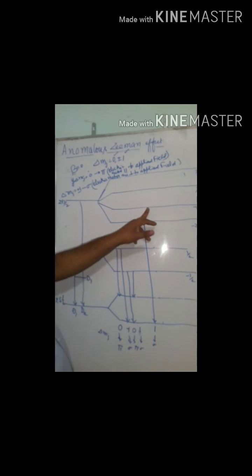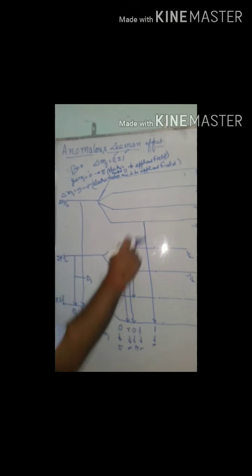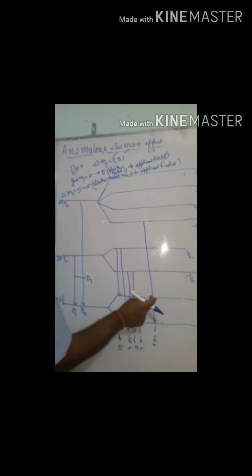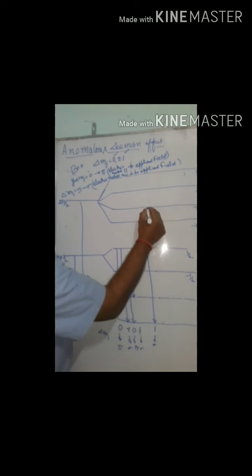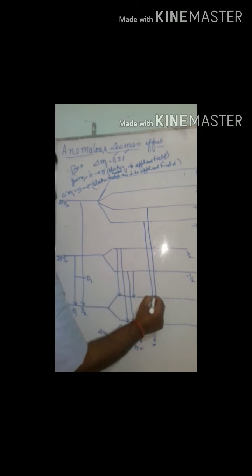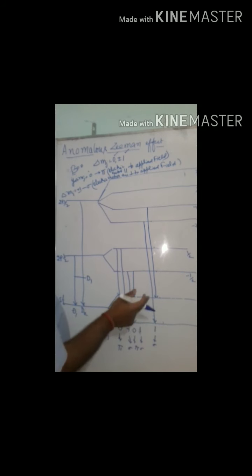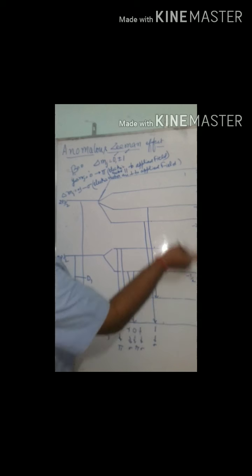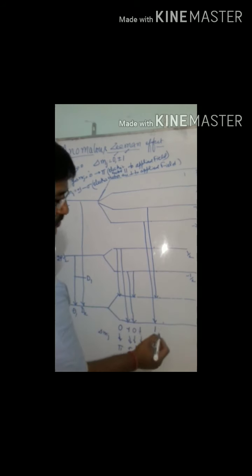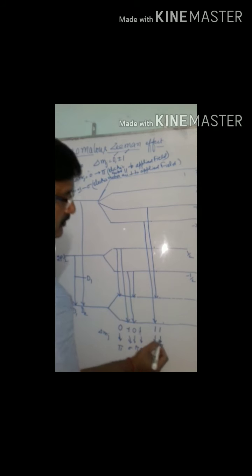Second is from this minus 1 by 2. From minus 1 by 2 to 1 by 2, means from this to this. Again, what is the change in the value of mj? That is delta mj is equal to 1 by 2 minus 1 by 2, that is 1. So here delta mj is 1. Again it is a sigma component.